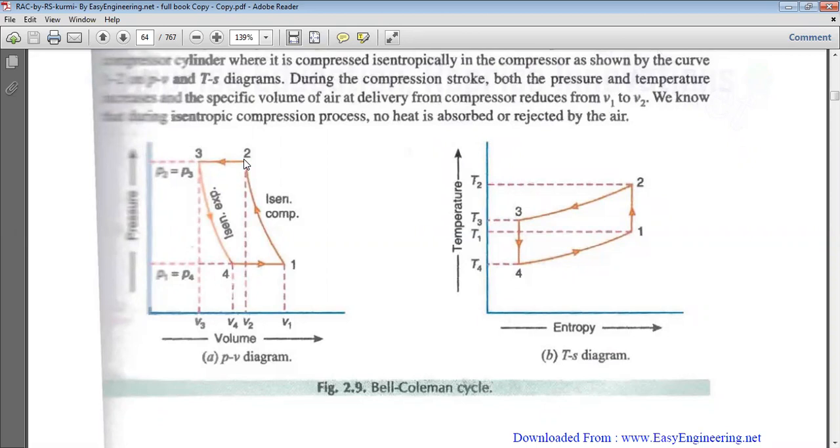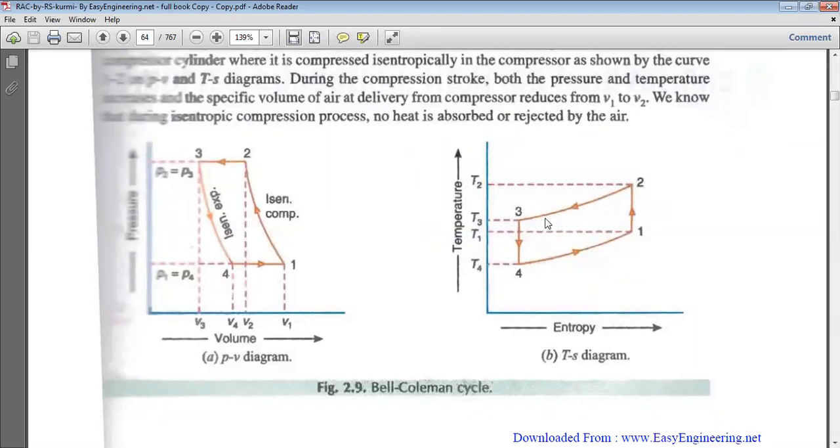That is the discharge from the cooler. Therefore, 2-3 is constant pressure heat rejection in the cooler. Now it is constant pressure. Whenever cooling takes place, temperature will decrease.